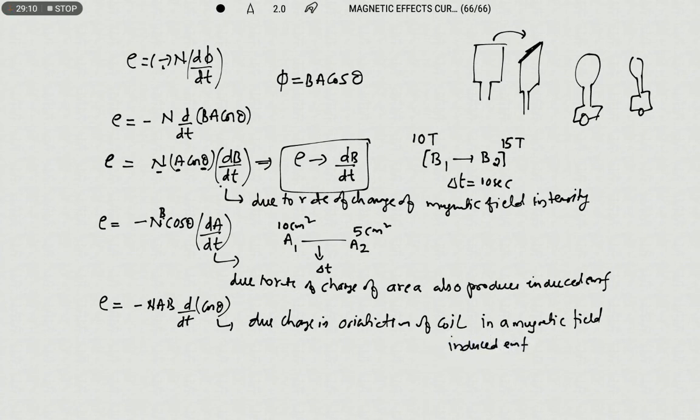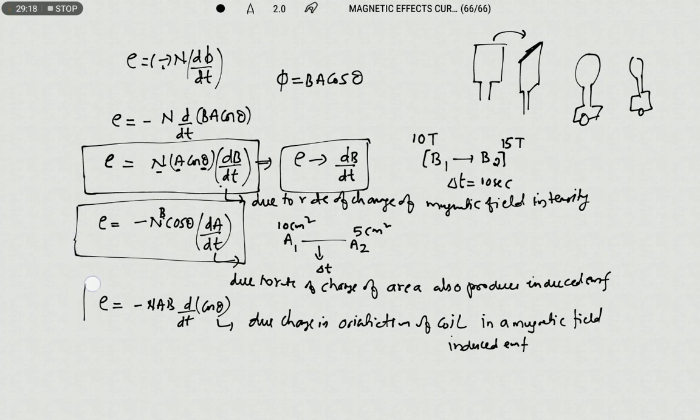Okay, so these are the special cases for the second law of electromagnetic induction. Generally we discussed electromagnetic induction due to rate of change of magnetic flux. So not only the magnetic flux linked with magnetic field intensity, area, and as well as cos theta, that means orientation of the coil.